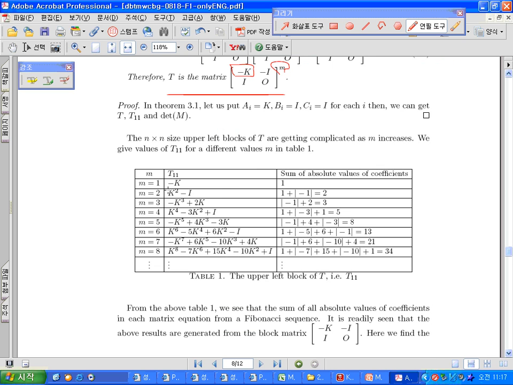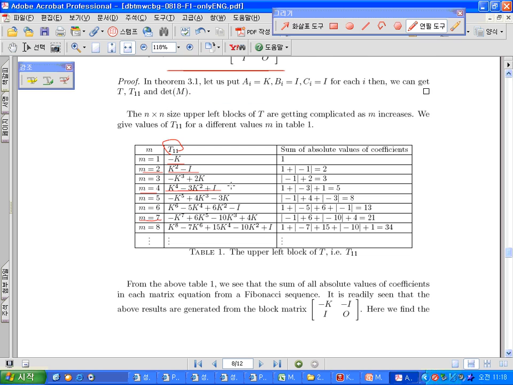So let's take a look. When m is equal to 1, T11 is just minus K. If m is equal to 2, then T11 is K squared minus identity. If m is equal to 4, then K to the 4th minus 3K squared plus 1. If m is equal to 7, then minus K to the 7th power plus 6K to the 5th power minus 10K cubed plus 4K, like this. So yeah, we can see.